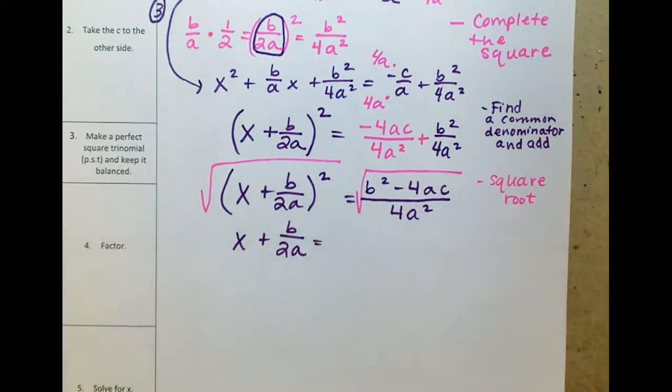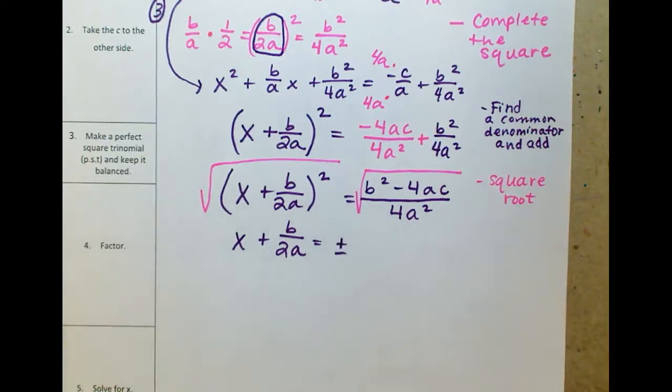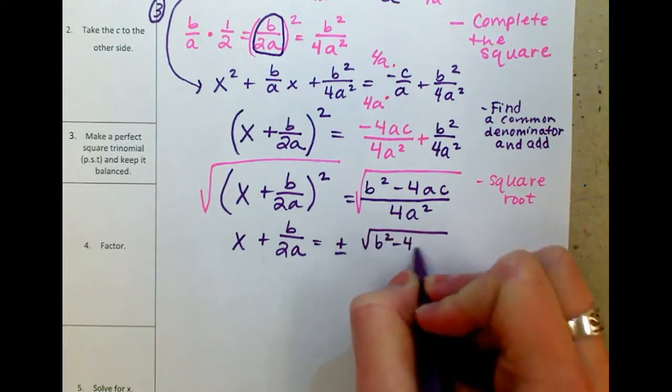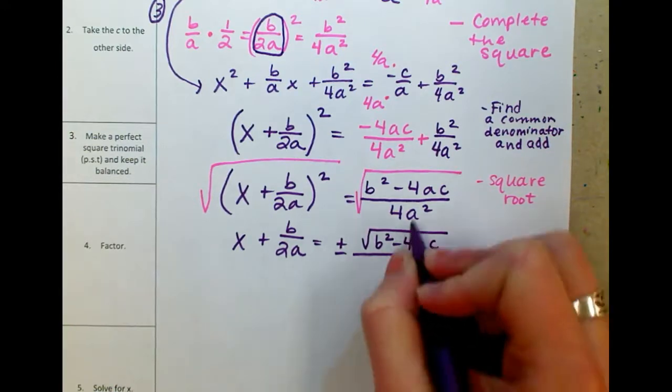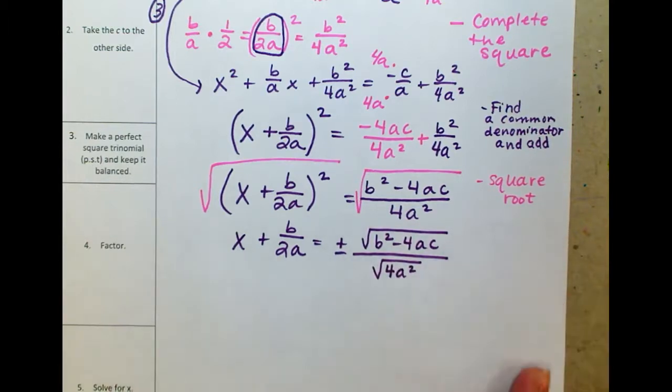Now, we're going to simplify this. The first thing we need to keep in mind is when we take the square roots, we have plus or minus here. Next thing I'm going to do is separate that radical on the numerator and the denominator. So I have the square root of b squared minus 4ac over the square root of 4a squared.